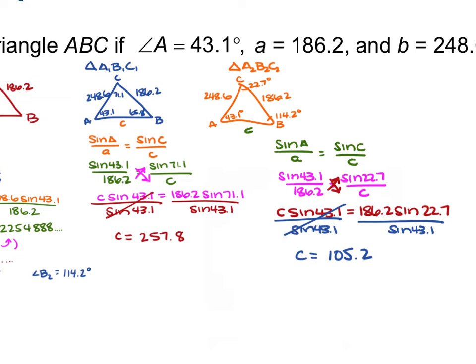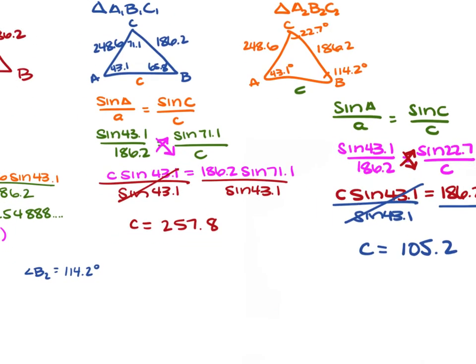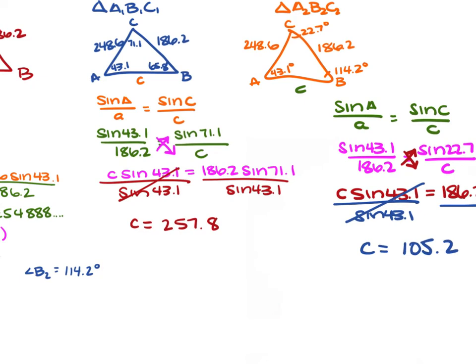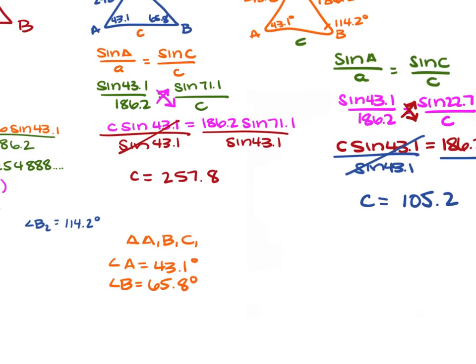For the triangle, let's do it in orange, triangle A1, B1, C1, you have an angle measurement for angle A, that's 43.1 degrees. Angle B is 65.8 degrees.